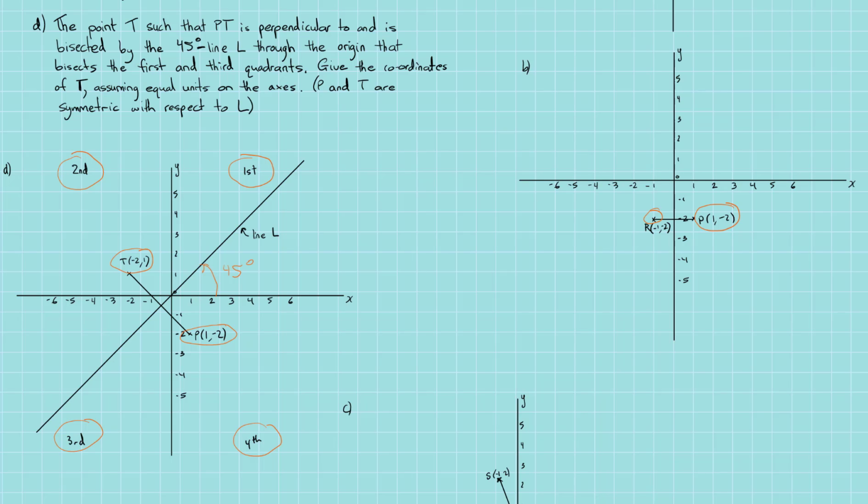We switch the x and y values when we're reflecting in this line, the 45-degree line that bisects the first and third quadrants. And I would like to point out that this line has a special equation that you probably already know. This is the line y equals x, because for every point, let's say you take 2, go up, it maps to 2. You take 4, go up, it maps to 4, and so on.